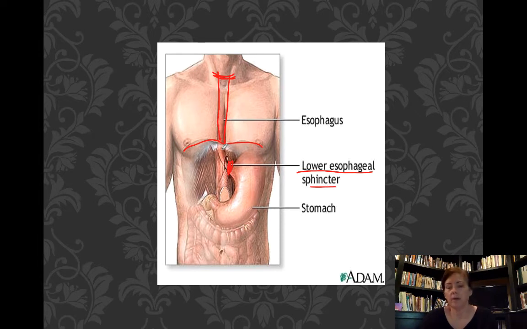We talked about that. And similar to how the aorta travels through the aortic hiatus, the esophagus travels through an esophageal hiatus, which is a hole in the diaphragm where the esophagus travels through.